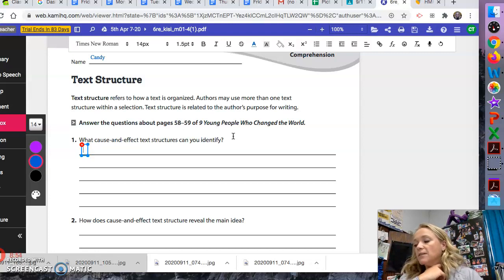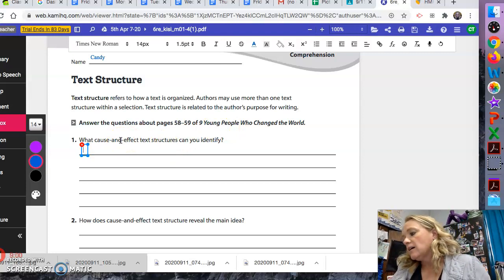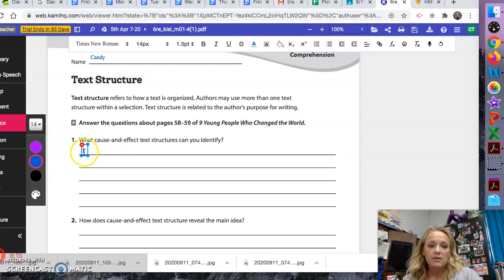There are several in this text. One of the ones we started with was from the very beginning. We said that him playing with the awl caused his eye to get infected, and he eventually became blind.